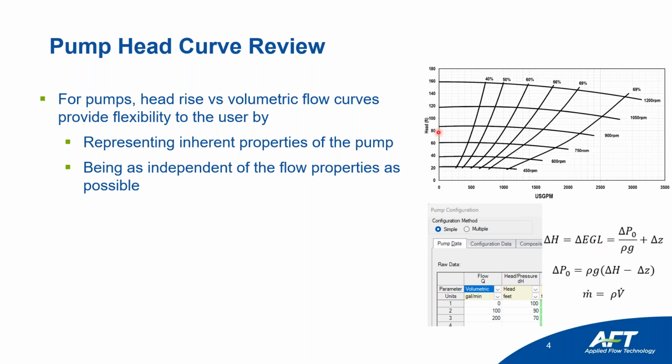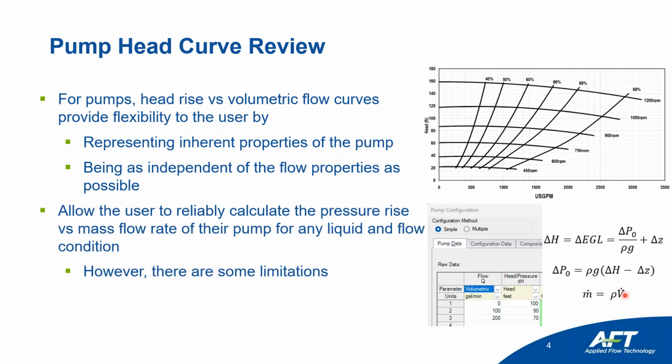Rearranging that for your head curve for your pump, you can get your stagnation pressure rise, which most of the time people say, hey, that's just my static pressure rise, because the static and stagnation may not be too different, but I'm just being specific there. And then from your volumetric flow, or your capital V dot here, you can calculate your mass flow just by multiplying it by the density.